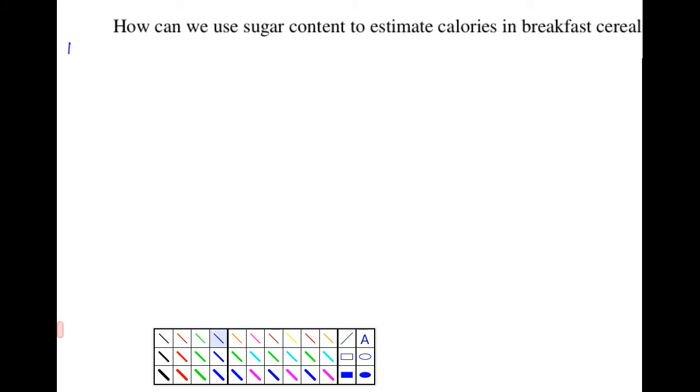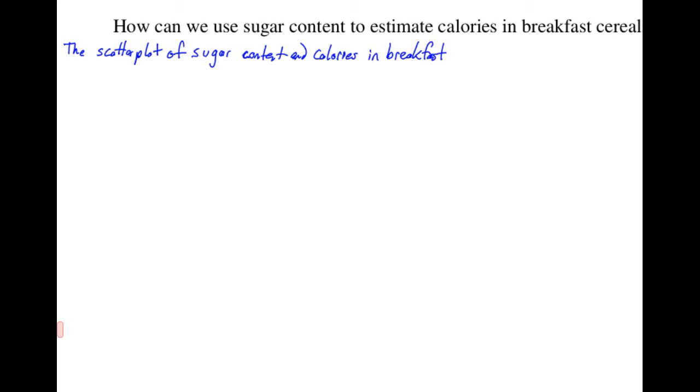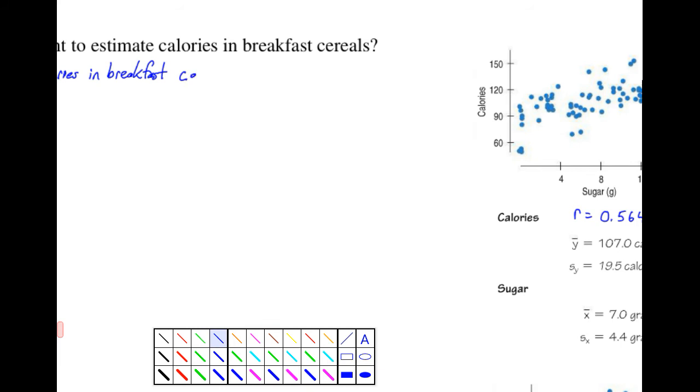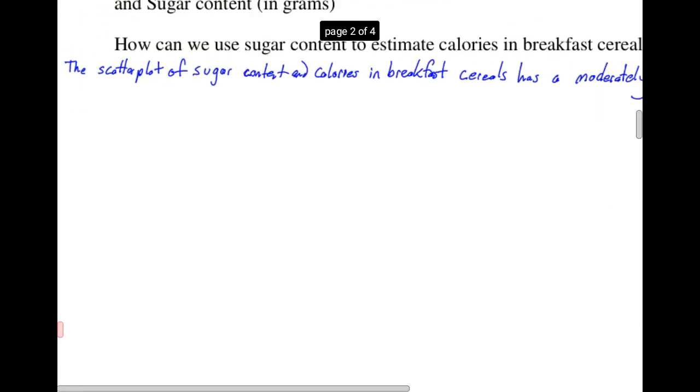So, the scatter plot of sugar content and calories in breakfast cereals has a moderately strong positive linear association.